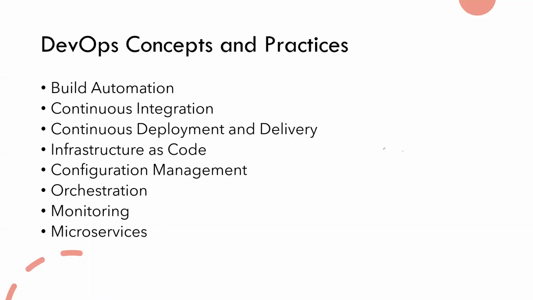So infrastructure as code and configuration management work together, where infrastructure takes care of your servers, your containers, and all those things, and configuration takes care of your libraries, code, and other dependencies.